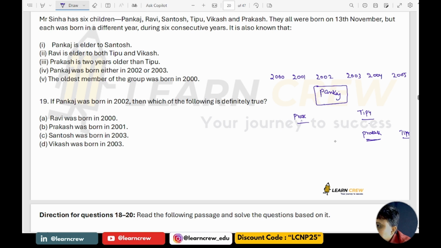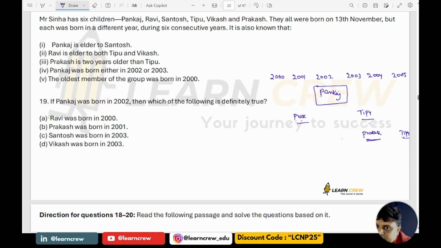The other possibility is Pankaj, Prakash, and in 2004, can you have Tipu? No, it is not possible.